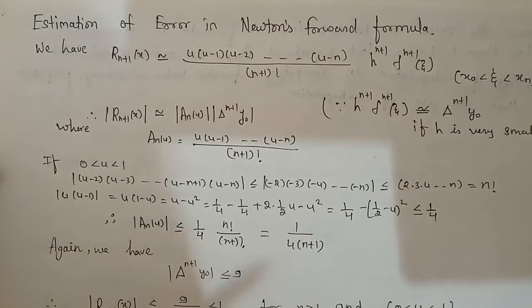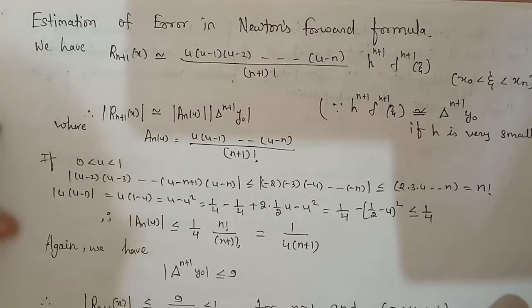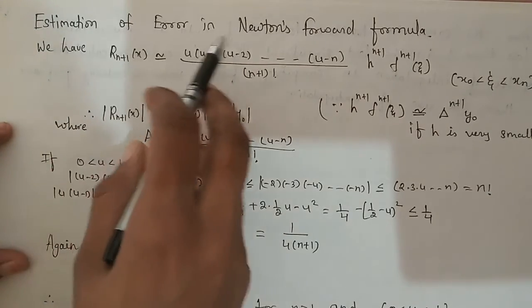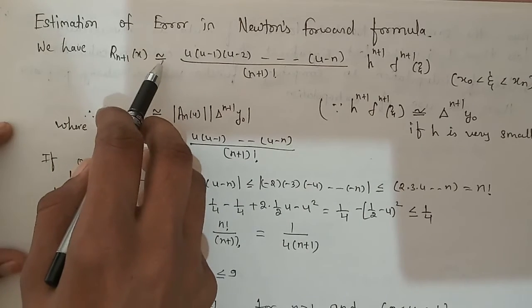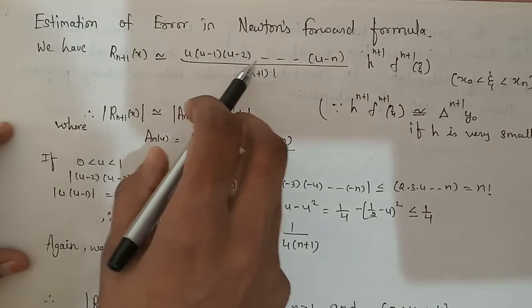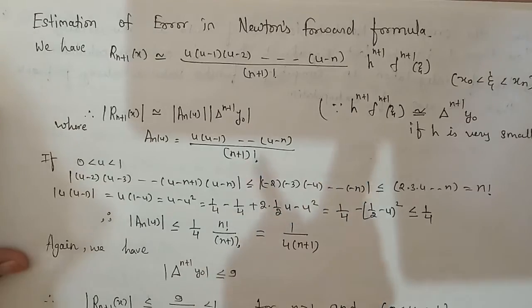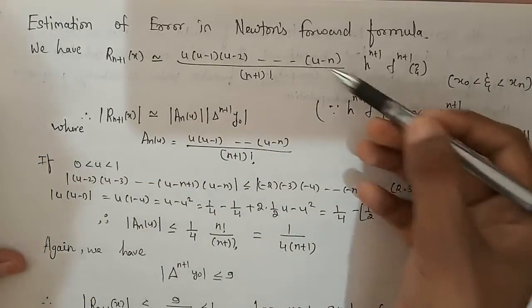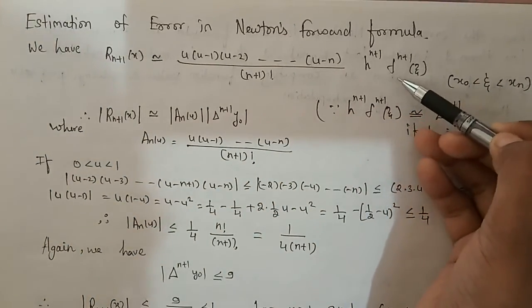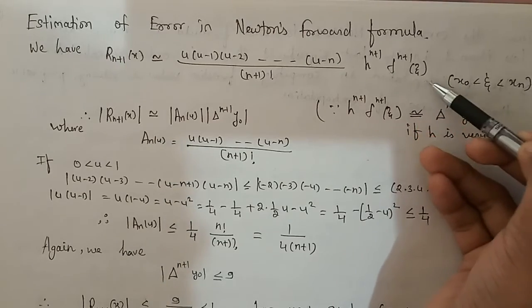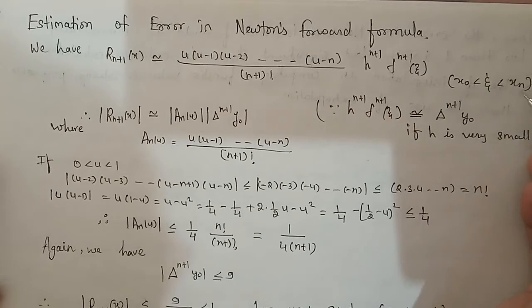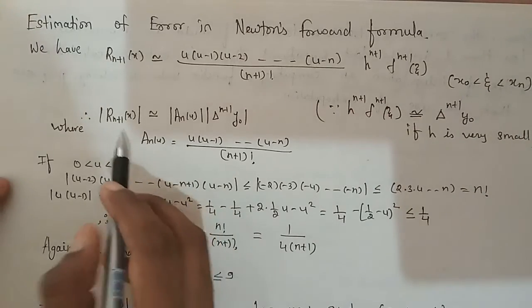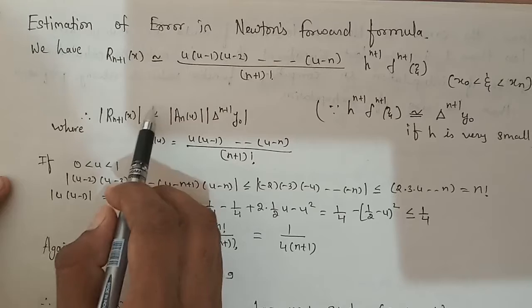So this is the formula for calculating error. Now we know the formula for error, but we have to calculate the exact value of the error. So, estimation of error in Newton's forward formula. We have R_{n+1} equal to u(u minus 1)(u minus 2) up to (u minus n), h to the power n+1, f^(n+1)(xi) upon (n+1) factorial, where xi lies between x0 and xn.